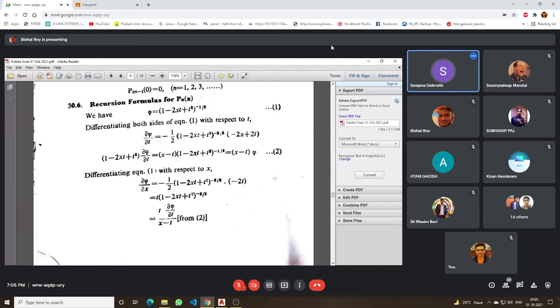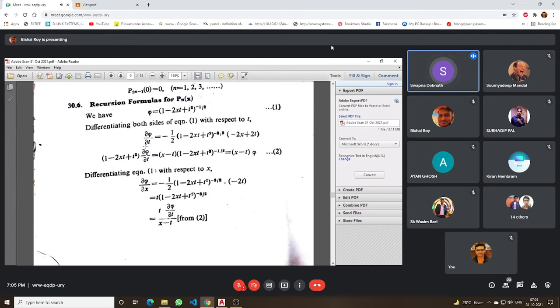See, there are recurrence relations involving P. We will arrive at them. We start from the generating function. What is the generating function? Phi is equal to (1 minus 2xt plus t squared) to the power minus half. Now we differentiate both sides with respect to t, del phi del t.